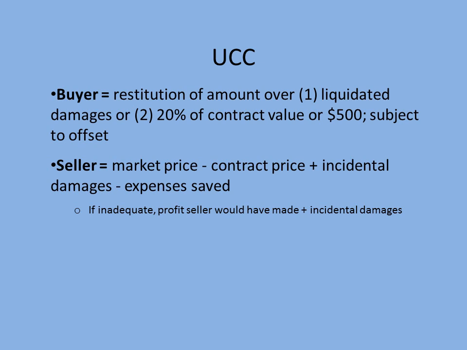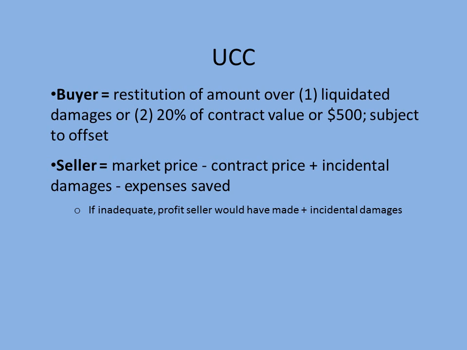Now, the UCC, with regards to who breached the contract, has set up its own set of rules. Here we've got an example of where a buyer is trying to get restitution for a seller's breach, and where a seller's trying to get restitution for a buyer's breach.